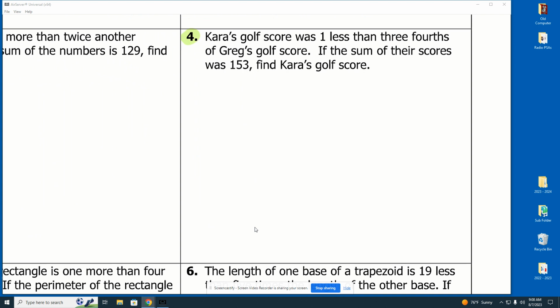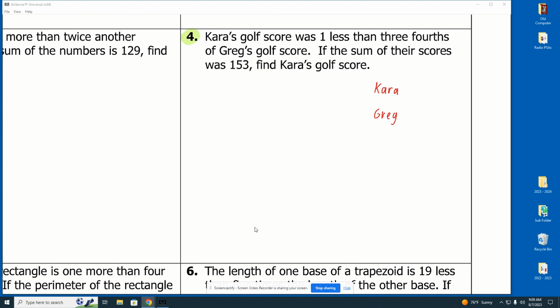In this problem, all of a sudden, it's actually comparing 2 things, right? Look, Kara and her golf score is being compared to whose? So here's the deal. When you have something being compared to something else, do you know what that something else is? Yeah, you do. It's something.